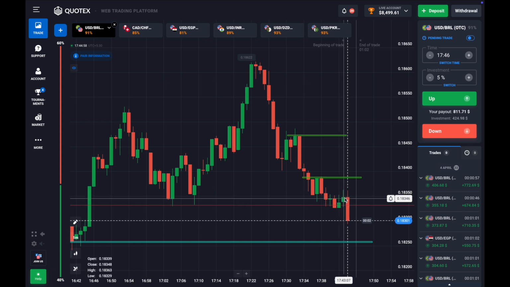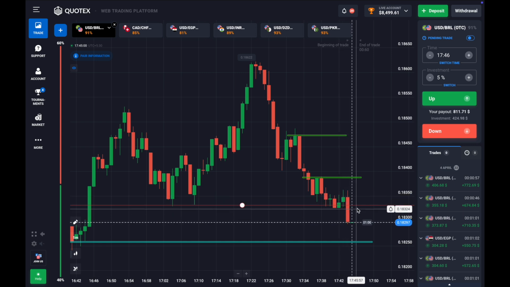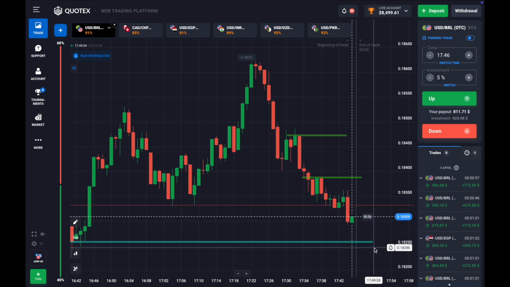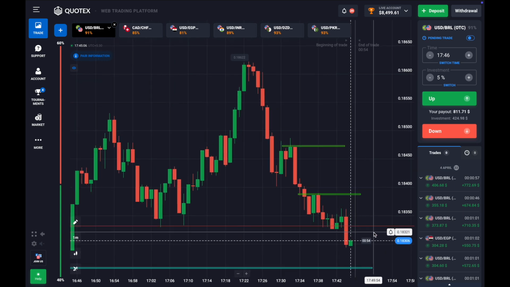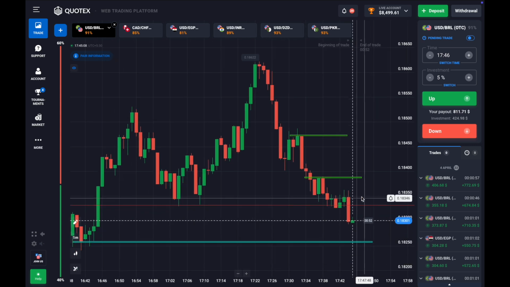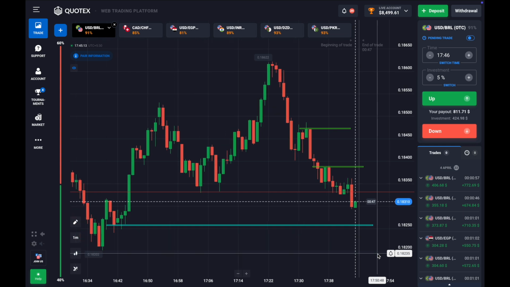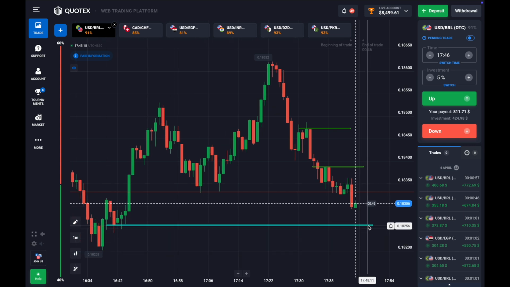Now the market direction is going to change. Guys, market doesn't always move in one direction. Here the same situation happened. See, the red candle has completely fulfilled the previous green candle, so market can reverse once.